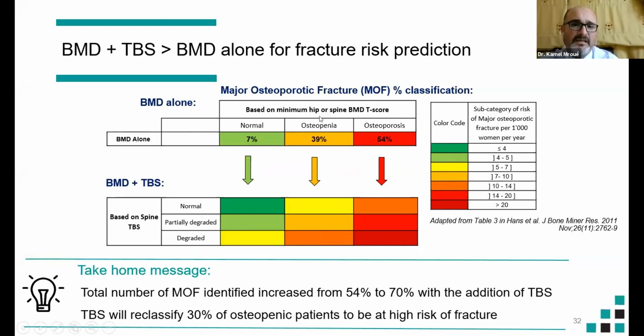In the osteopenic range, if we add the TBS, we'll pick up more patients. Actually, 30% of the osteopenic patients will be reclassified to have a higher risk for fractures. This is the advent of the TBS. The total number of patients at high risk for major osteoporotic fractures increased from 54% to 70% with the addition of the TBS, so we have reclassified 30% of the osteopenic patients to be also at high risk for fractures.